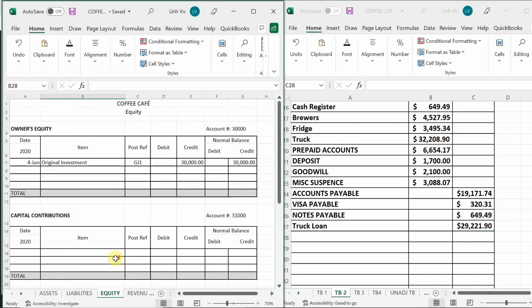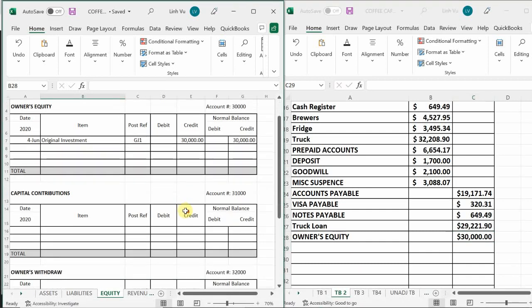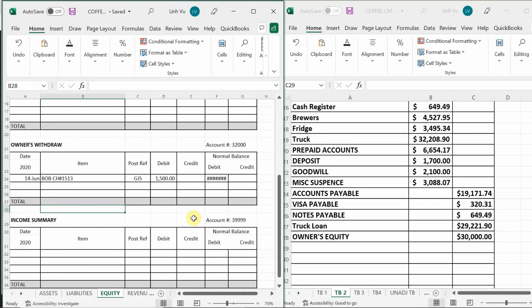Equity, right? Of course, we started our business with something. We had an owner's equity, which was our original investment for $30,000. Okay? However, on the last transaction that we just did, the owner ended up taking some money away from his company.